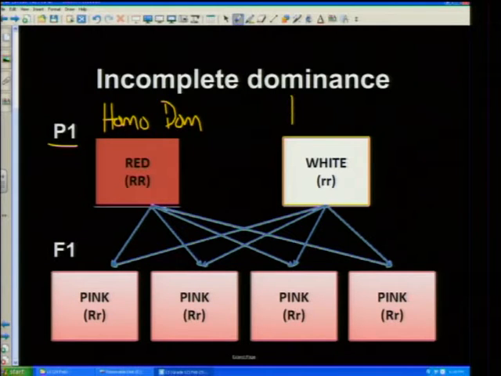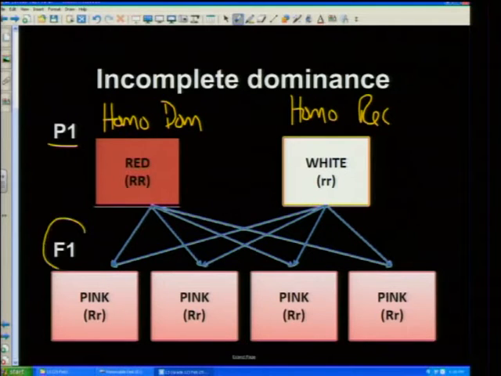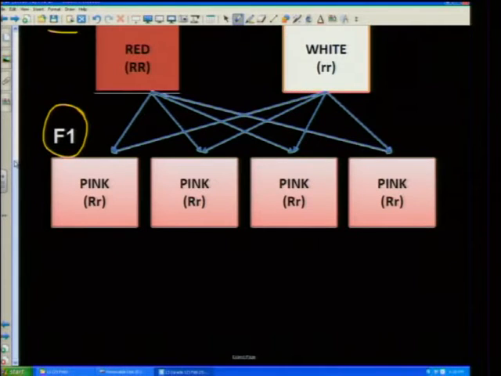We have homozygous recessive. They are homozygous, they are pure, dominant and recessive, and our first filial generation, our first little set of babies, what are we going to have? We are going to have all of them pink.